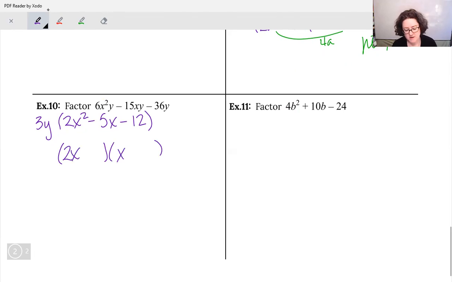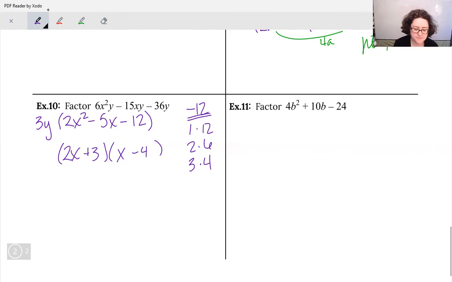I need to think of my factors for negative 12. Alrighty, let's see. I have 1 times 12, which I have a feeling is going to be too far apart. Let's see, we have 2 times 6, and we have 3 times 4. Let's try 3 and 4. And we need to have one positive, one negative to make the negative 12. So let's do a positive 3 and a negative 4 and see what happens.